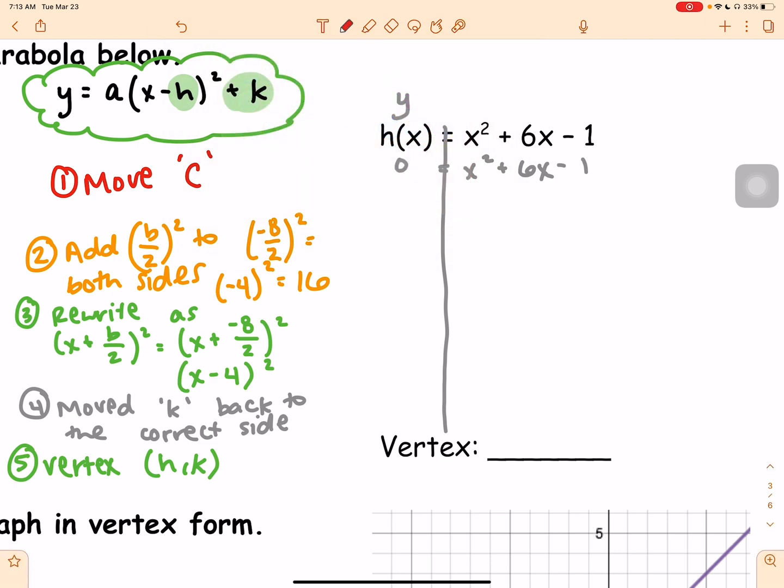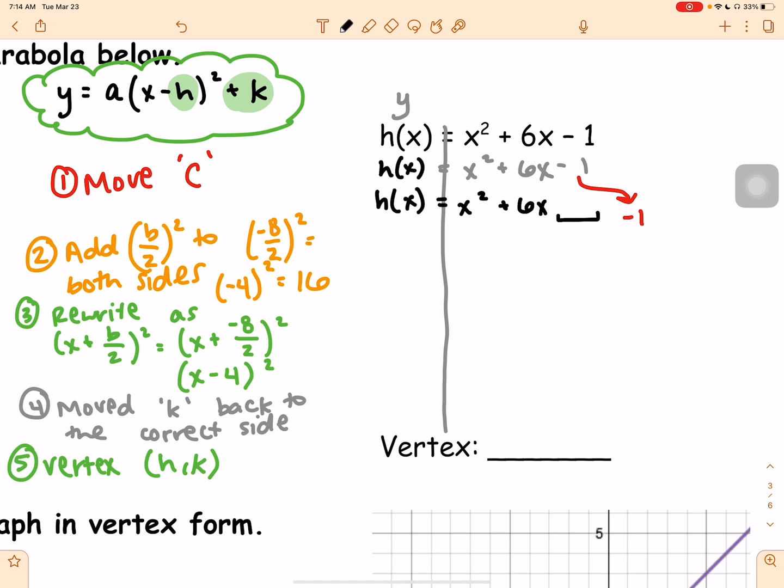Honestly, some students, like Khan Academy, will literally scoot the c off to the side, just get it out of the way. So let's try that. We're going to move it out of the way and just bring it along for the ride. So we're just going to write 0 equals x squared plus 6x and then this blank. And actually, guys, in this case, if we just move it off to the side, we don't need to change this to a 0.